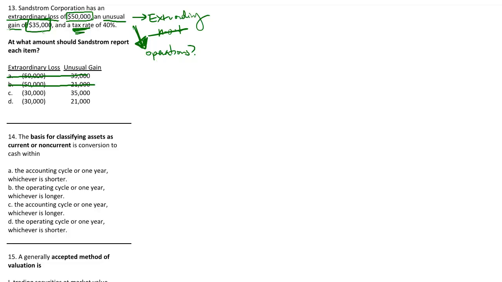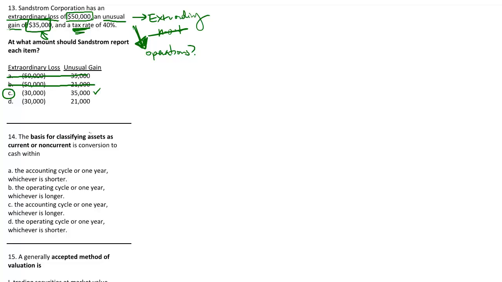We will record it at the face value, and we'll take the tax out with the rest of the revenues and expenses that we record. So the correct answer is going to be C, with an unusual gain of $35,000. That one you have to pay attention to. Remember, unusual and infrequent, you have to have both of those items.